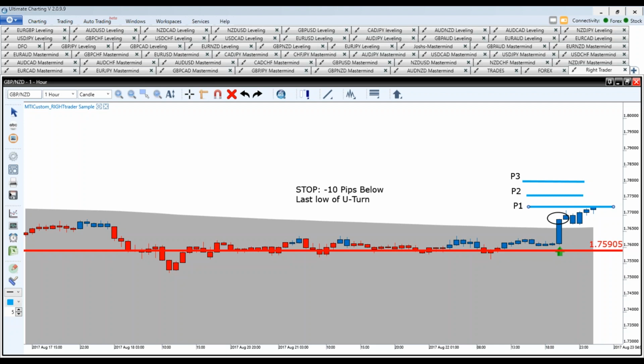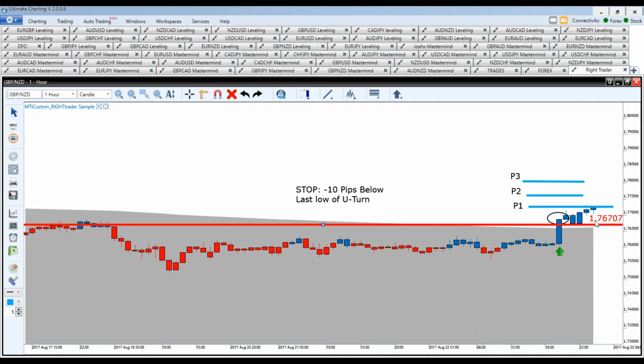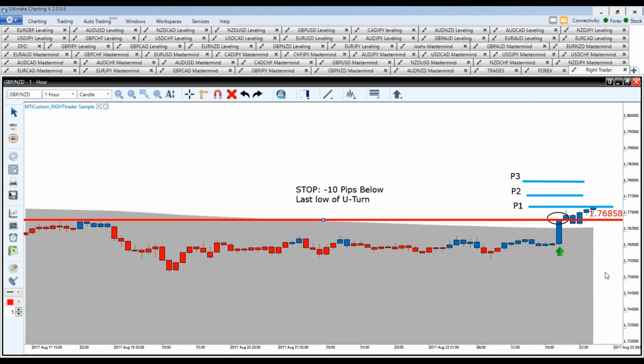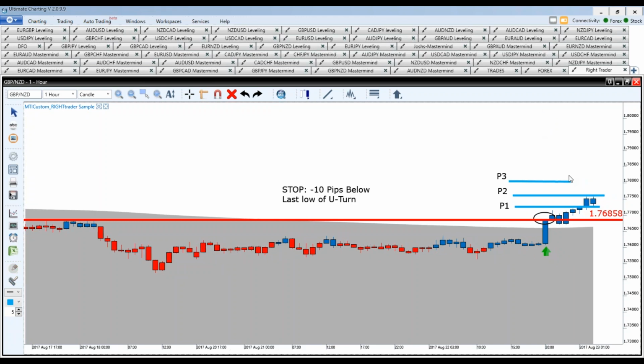Yes, it did. So we move our stop to break even. Now, you can have what's called a fixed trailing stop, which can do this automatically for you. If the market moves to P2, I want you to move your stop to P1.